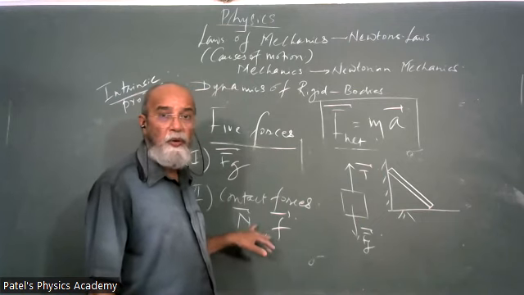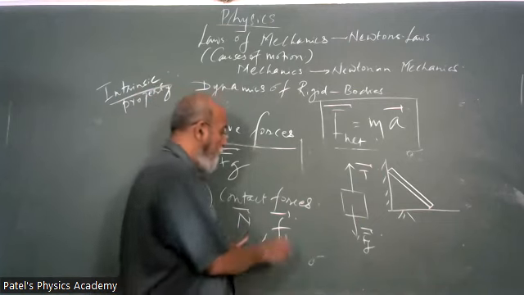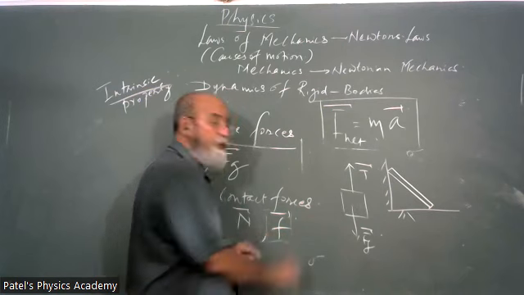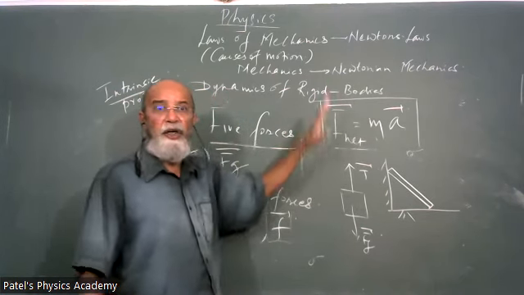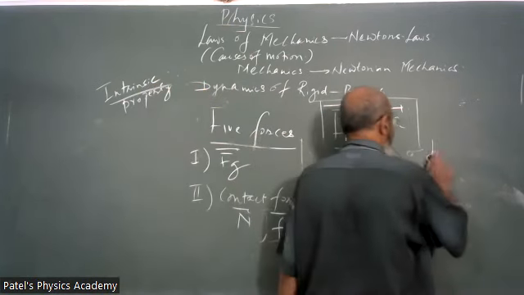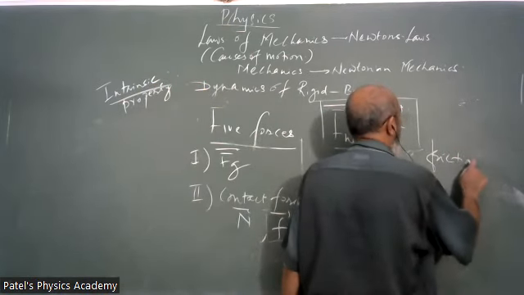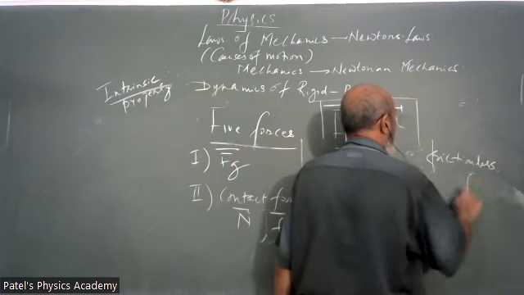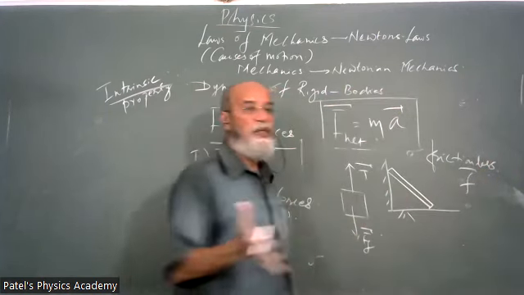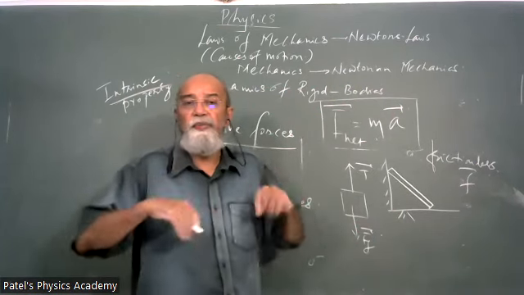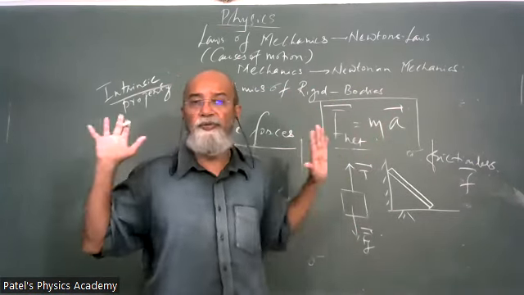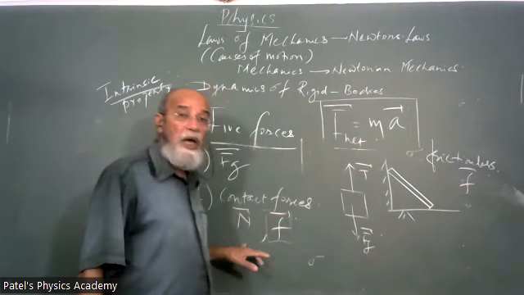Then how do I show this fellow? Let us, for the time being, keep this silent. Let us say all surfaces are frictionless. That makes my problem easy. There is no friction. I haven't explained to you what friction is, so I'm saying everything is frictionless, so I'm not talking about friction.